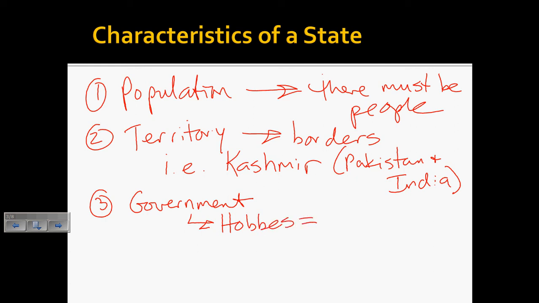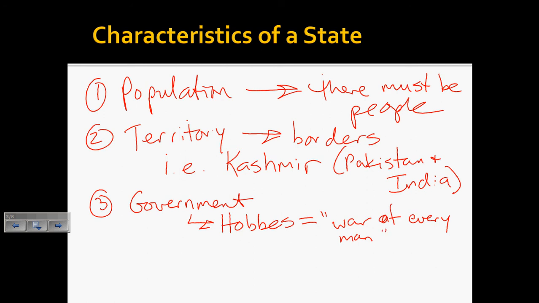And that's his idea of human nature, that human beings are going to constantly be in conflict with each other. And a government has to be in place, according to Hobbes, to prevent that natural human nature from taking over and creating some sort of chaos.